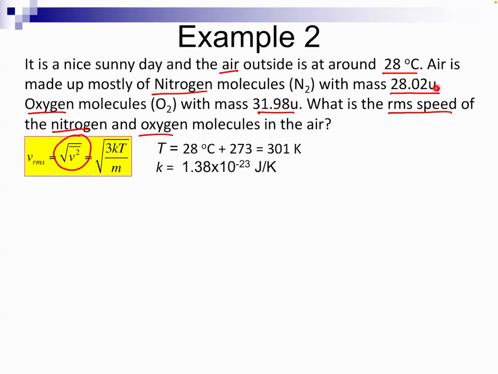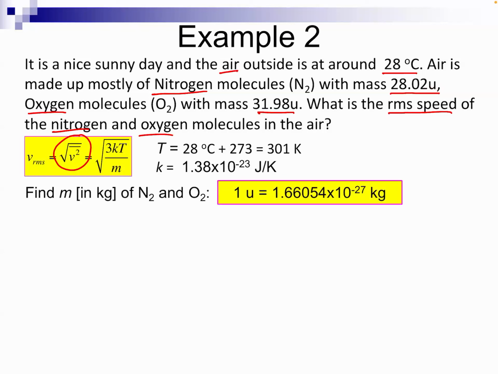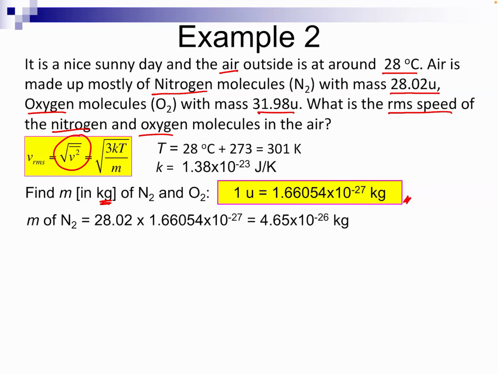They're given in atomic mass units U, but we need to determine their mass in kilograms, the SI unit for mass. We've seen the conversion factor between the atomic mass unit U and kilograms, so we need to use that to convert. It's essentially a conversion problem.